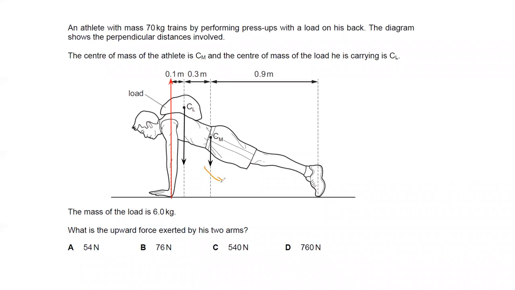So this is causing an anti-clockwise moment, this is causing an anti-clockwise moment, and the upward force is causing a clockwise moment. And this is a pivot, the point around which the object is rotating. So we call that a pivot.